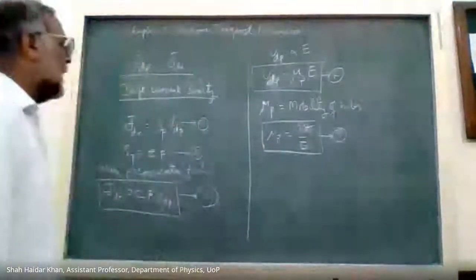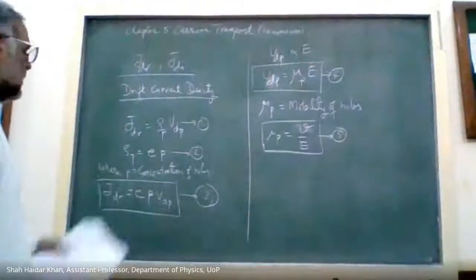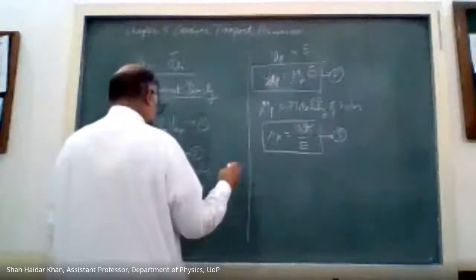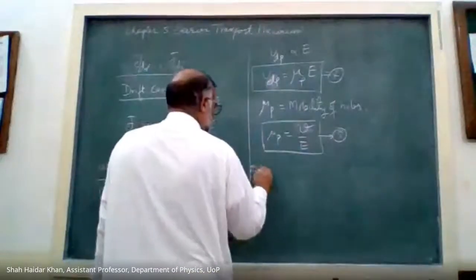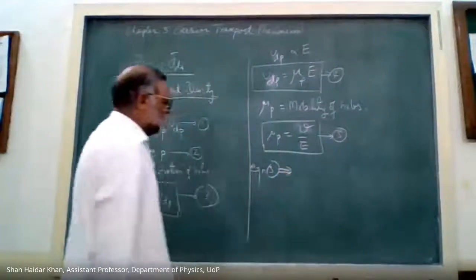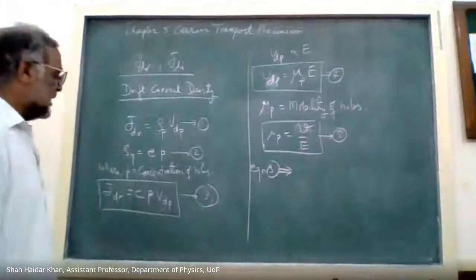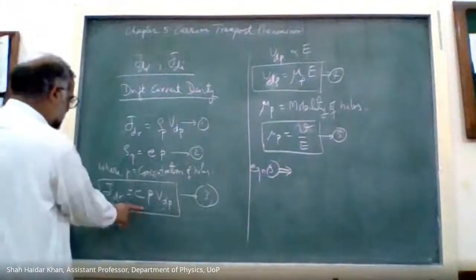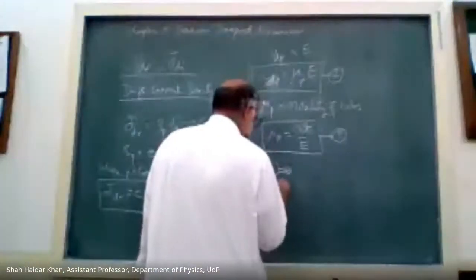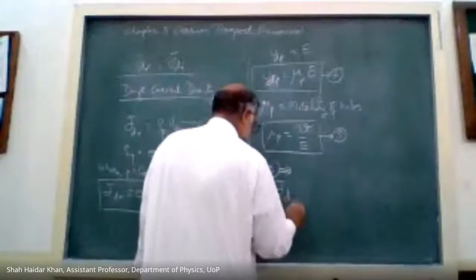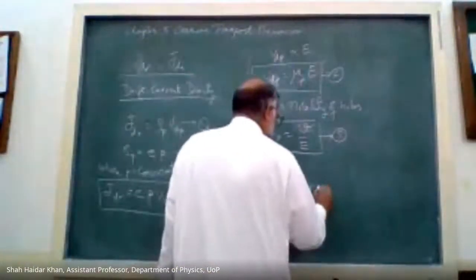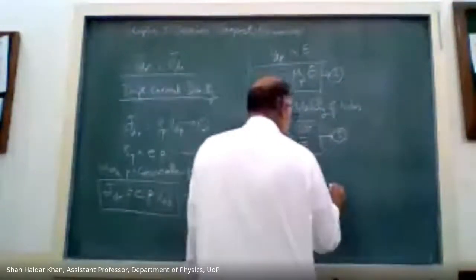So here, let us put equation number 4 here, and equation number 3. Equation 3 gives you J, the drift current, which is equal to e VdP.